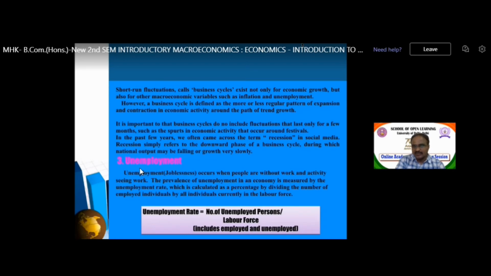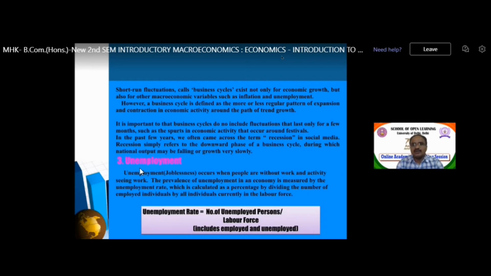The recession simply refers to the downward phase of the business cycle, below the minimum growth rate, where the national output may be falling or growing very slowly. Right? So this is the business cycle, the fluctuations that take place in every country. Okay, that is the macroeconomic issue. Another important macroeconomic issue is what you can call unemployment.